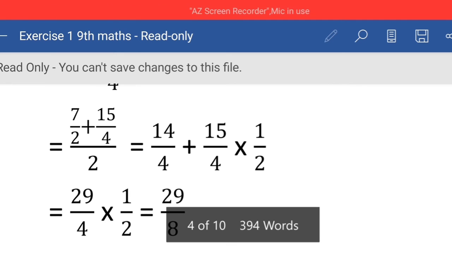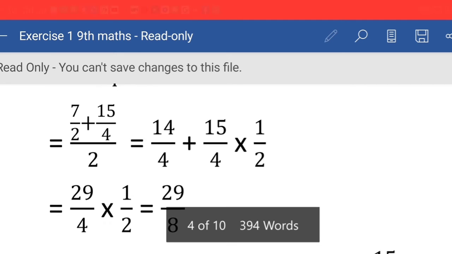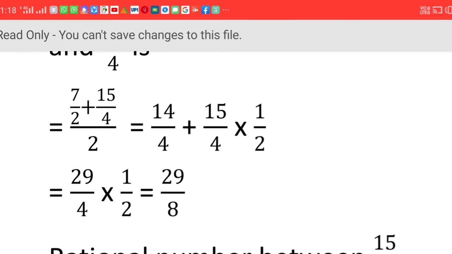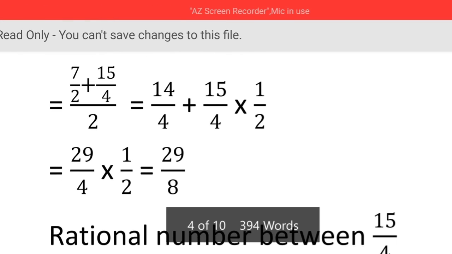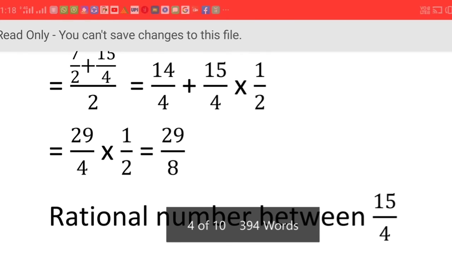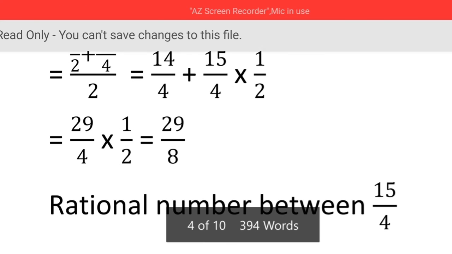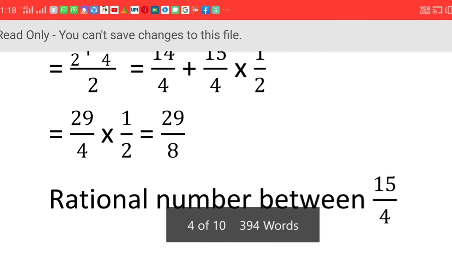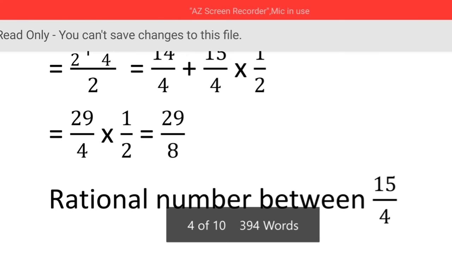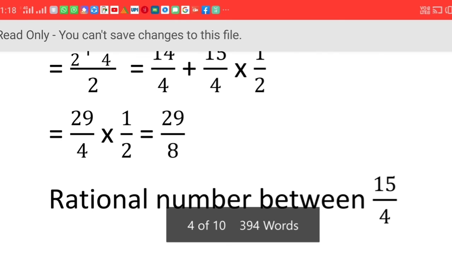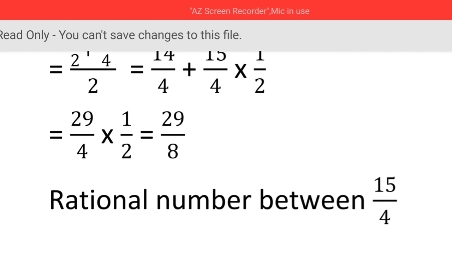So multiply 1 by 2. 14 plus 15 is equal to 29 and 4 as the denominator. Then multiply with 1 by 2. You will get 29 into 1 is equal to 29 and 4 into 2 is equal to 8. Your answer is 29 by 8.